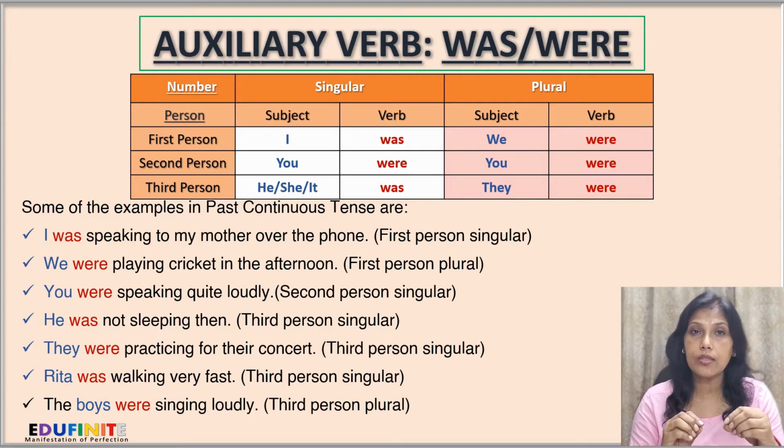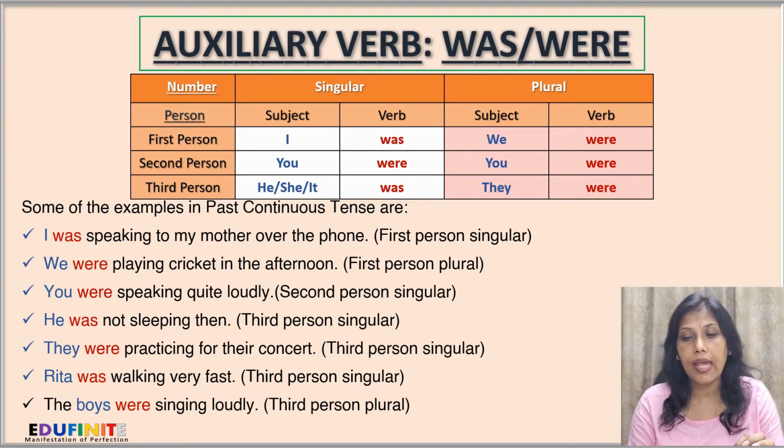And third person singular he, she, it goes with the verb was. And they, third person plural, goes with the verb were. So first person singular and third person singular go with the verb was, whereas first person plural, second person singular and plural, and third person plural go with the verb were.